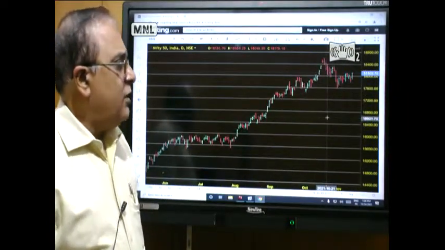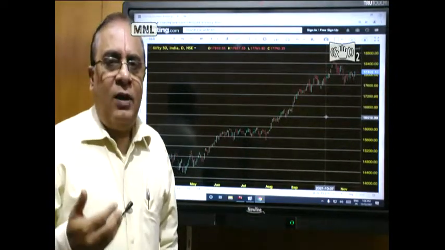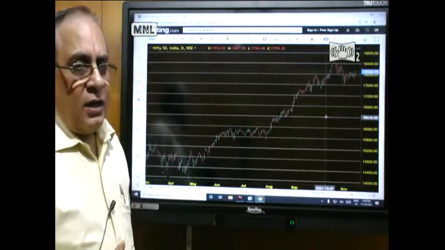And another thing is that you can also look at the Fibonacci retracement. One of the important other things is the Fibonacci retracement.